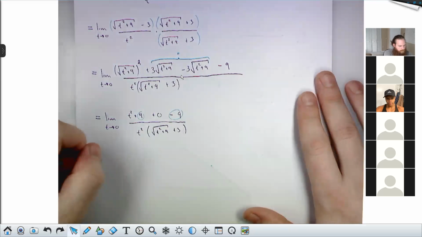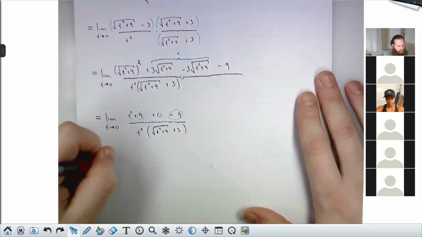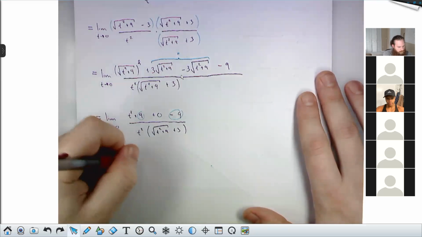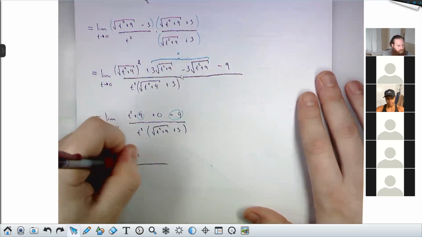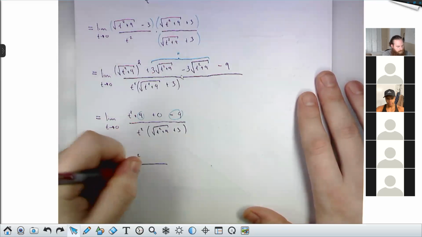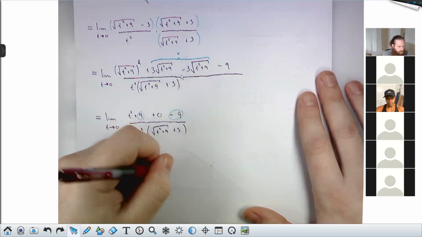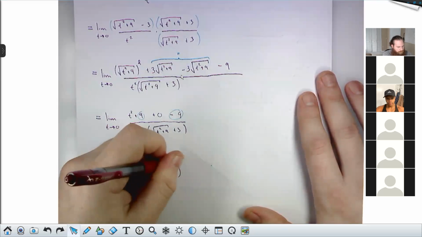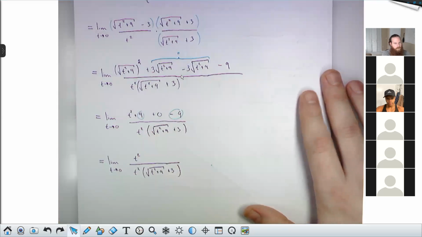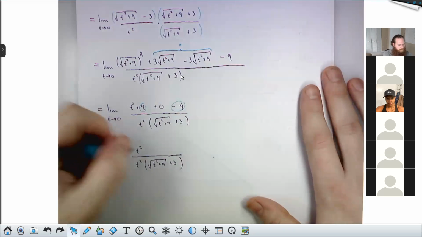And what remains is the limit as t goes to 0 of t squared divided by t squared times the quantity square root of t squared plus 9 plus 3. And now the t squareds can cancel.